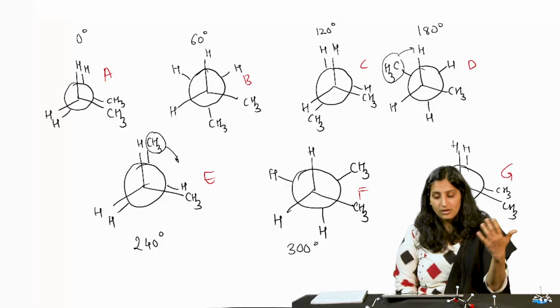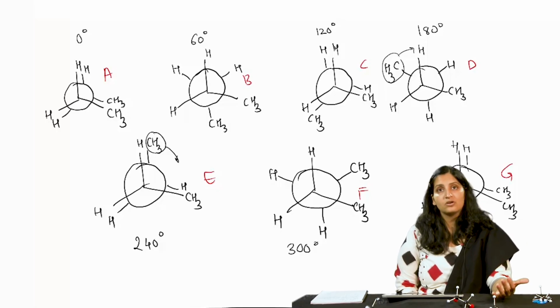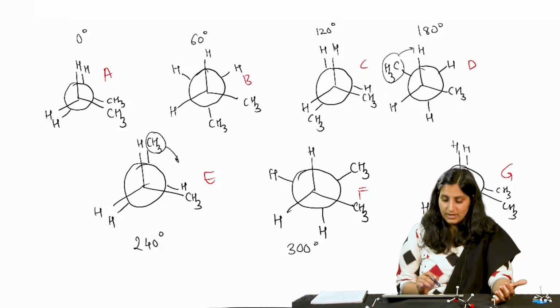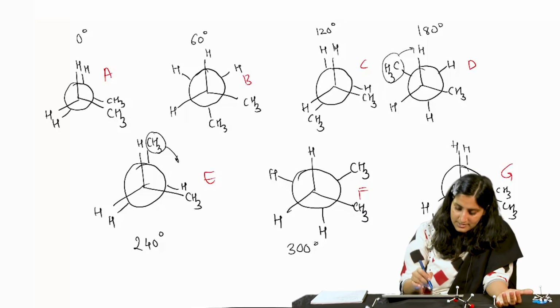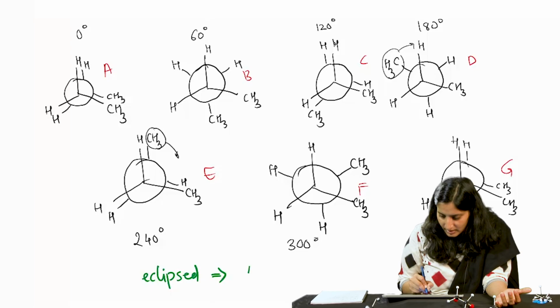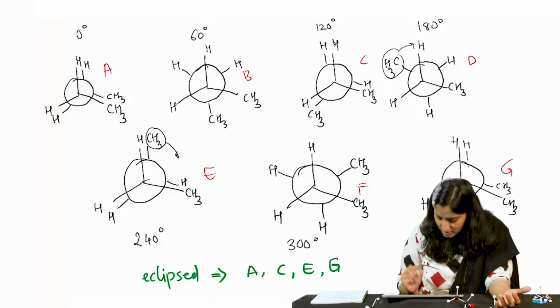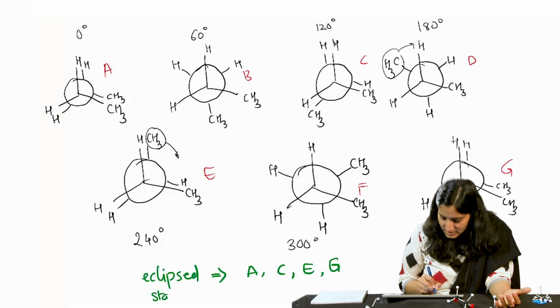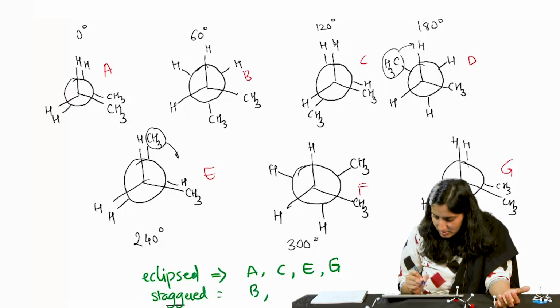Now, there are various types of eclipsed conformations here. For example, the eclipsed ones are A, C, E and G, and the staggered ones are B, D and F.